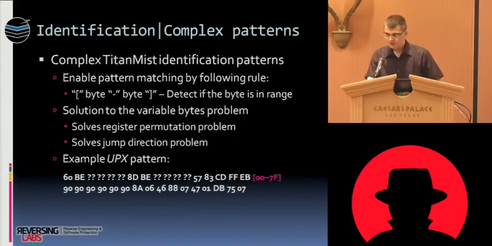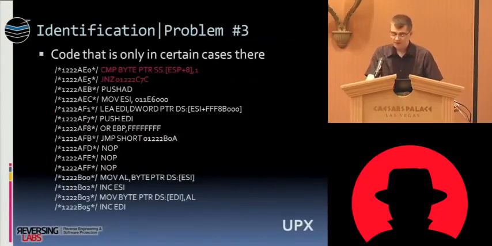So another problem that we noticed while working on packers is that certain code can be there just in certain cases. For this particular example, and this is UPX as well, this is a dynamic link library. The first two instructions that are highlighted are only there if the file is a dynamic link library.